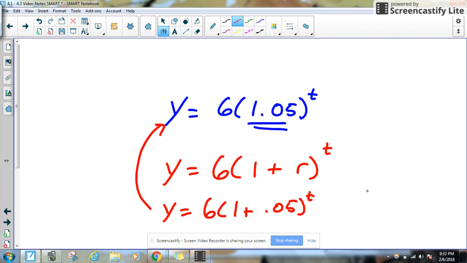So in this problem, the growth rate would be 5%, because 0.05 would be 5%. The decimal turns into 5%. Again, it's all about getting back to 100%. So with 1.05, you'd simply subtract 5% from that. The 0.05 is what your growth rate is.